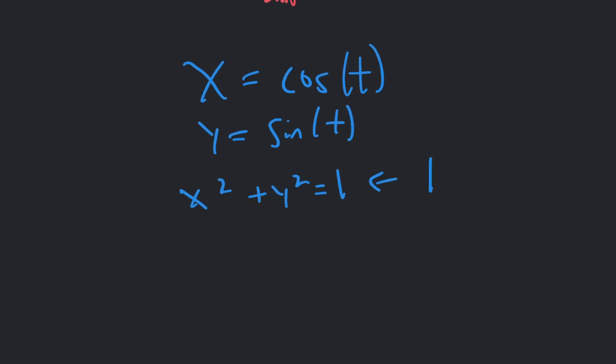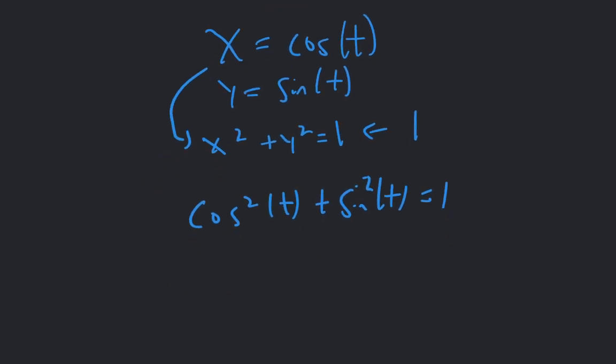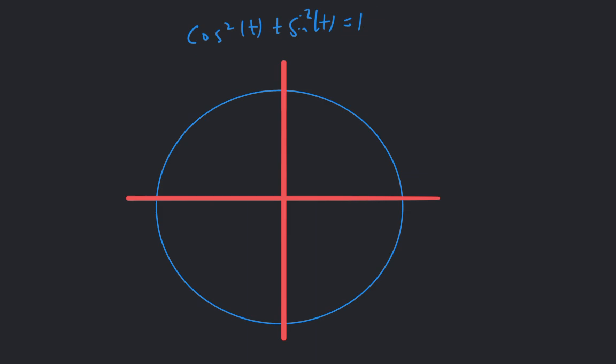So when we plug these equations in, we get cosine squared of t plus sine squared of t equal to 1. And that's true, based on the Pythagorean theorem, a squared plus b squared is equal to 1. So if I were to plot this, anywhere on the circle is going to be equal to 1.